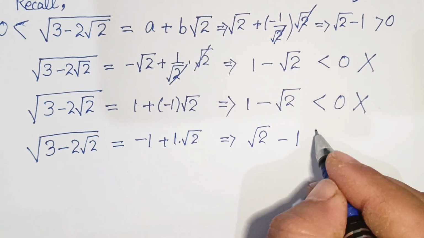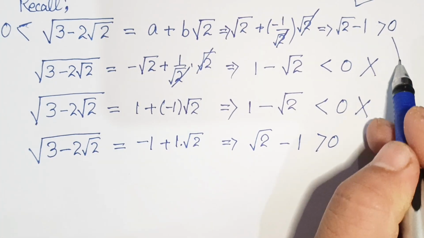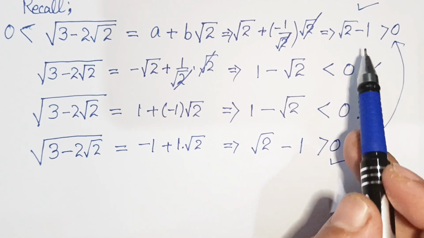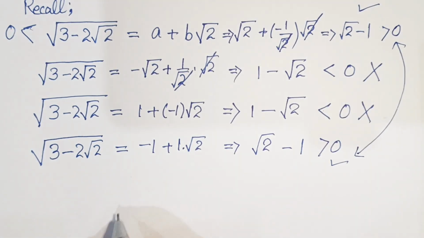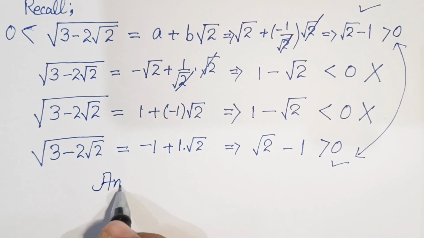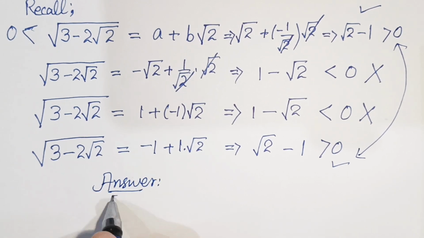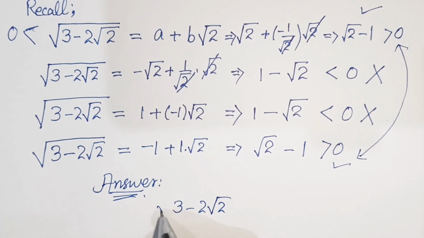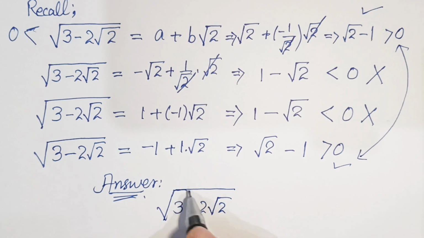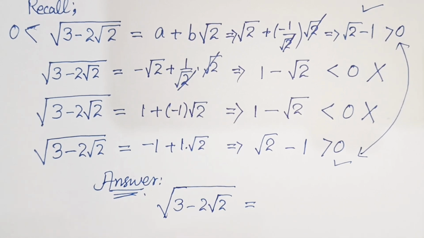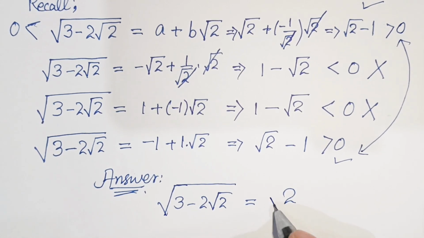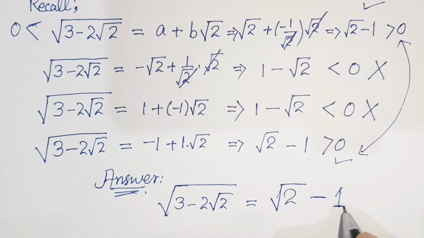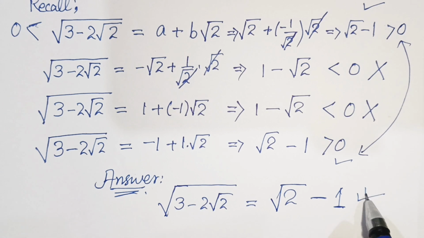So it is also greater than 0, and we see that these two values are the same, so both are valid. Then we get only one solution. So our final answer is, the square root of 3 minus 2 times square root of 2 has the simplified form square root of 2 minus 1. So it is our final answer.